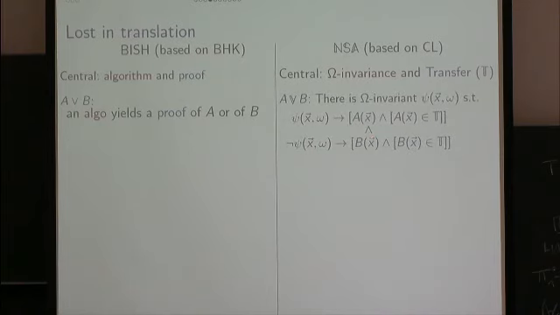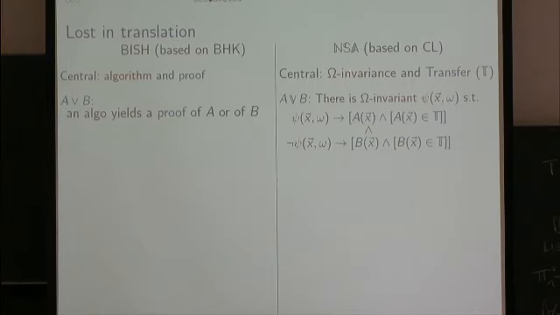And it does this. A hyperdisjunction B says there is an omega-invariant formula psi. If psi is true, then we have A and A is in T, A satisfies transfer. Or not psi means that we have B and B satisfies transfer.